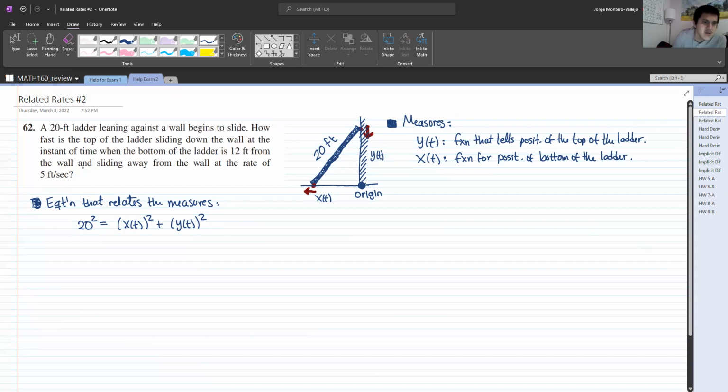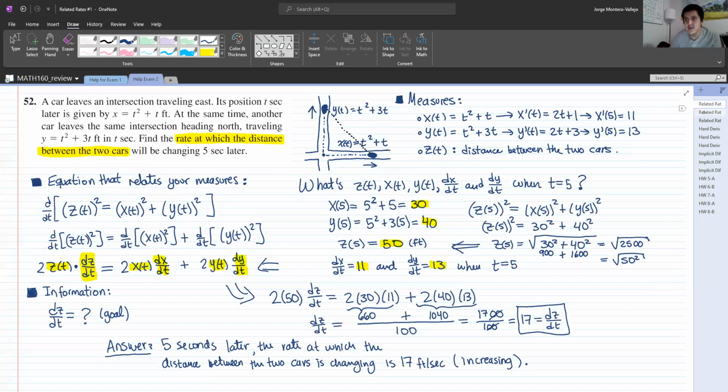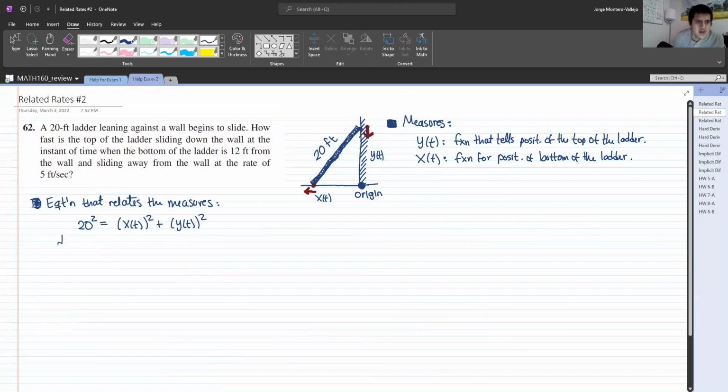We want to go ahead and implicitly differentiate this equation. So when we do that, as we did before, we do ddt of everything. So ddt of 20 squared, plus ddt of, I think it's going to be better if I do brackets, x of t squared, and then plus ddt of y of t squared.